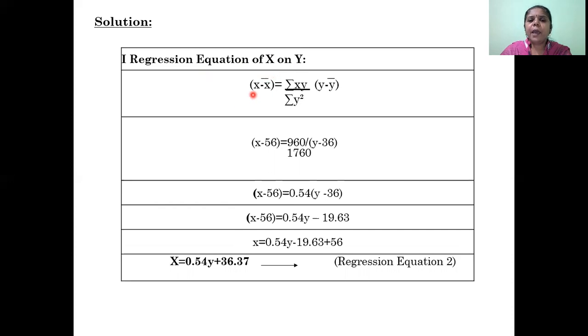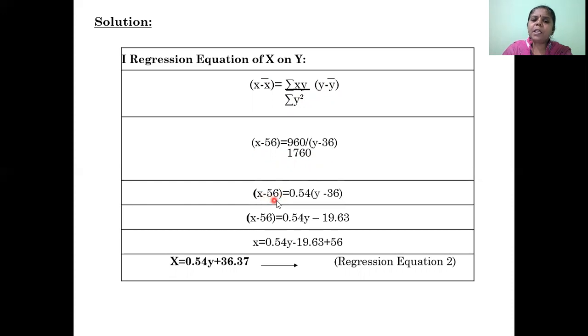For this, x minus x mean is equal to sigma xy by sigma y square, y minus y mean. So x minus 56 is equal to 960 divided by 1760, y minus 36. 960 divided by 1760 is 0.54.